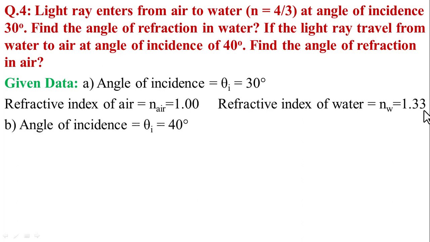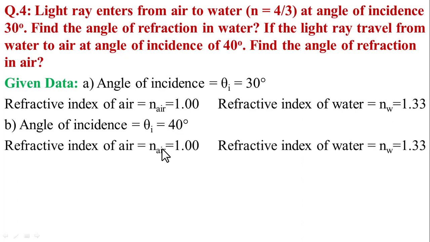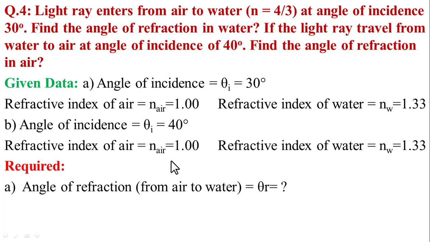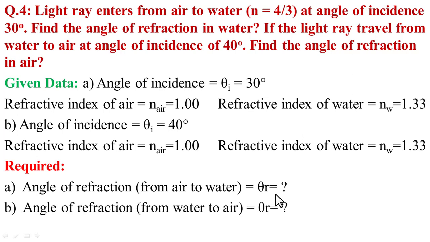In second part, angle of incidence i is equal to 40 degree, refractive index of air is 1 and refractive index of water is 1.33. Now we can find the angle of refraction from air to water, denoted by theta r, and also in B part the angle of refraction from water to air, theta r.